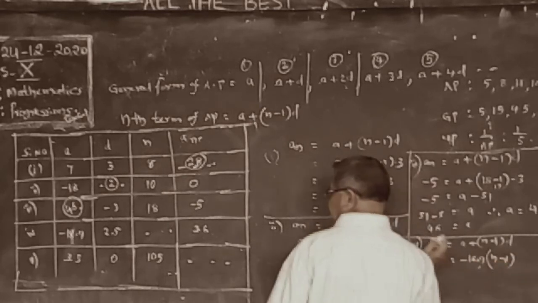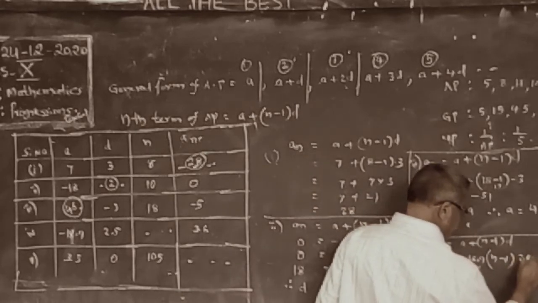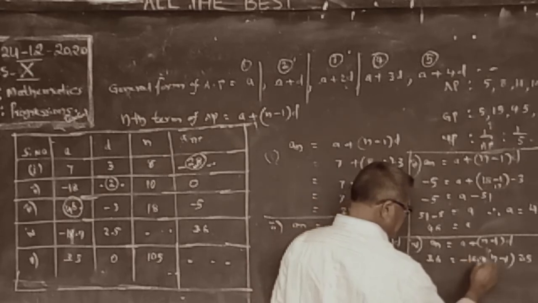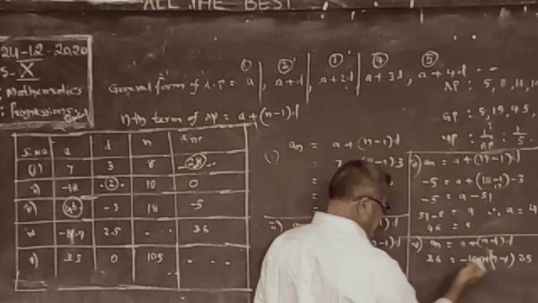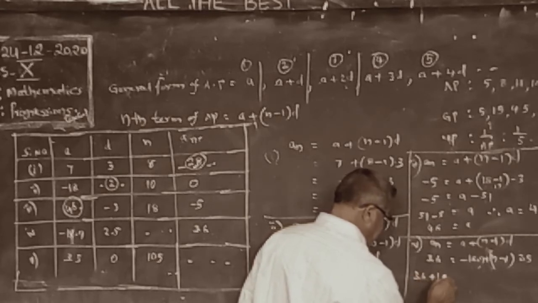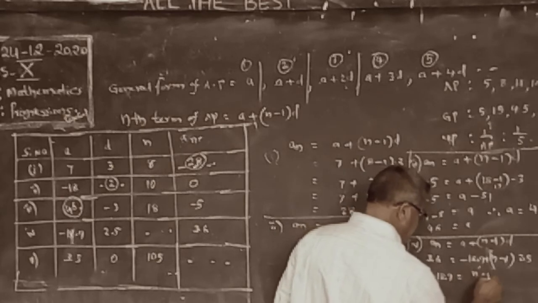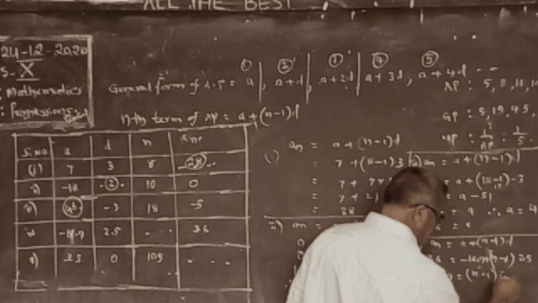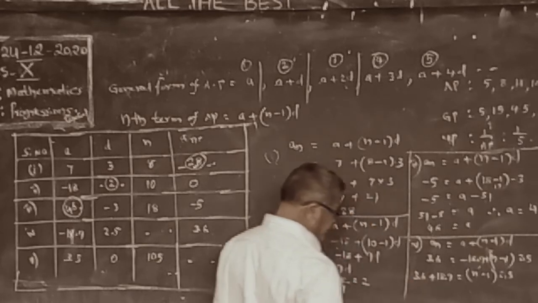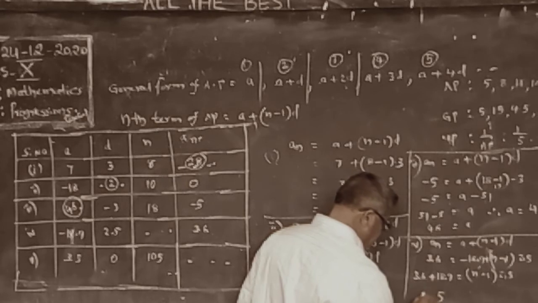D is 2.5. Minus 18.9 will come this side as plus: 3.6 plus 18.9 is equal to n minus 1 of D, where D is 2.5. 3.6 plus 18.9 is 22.5.